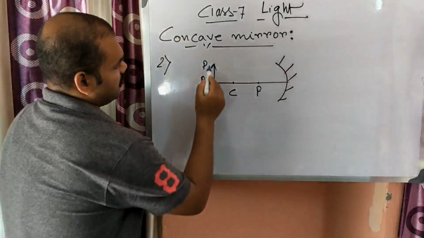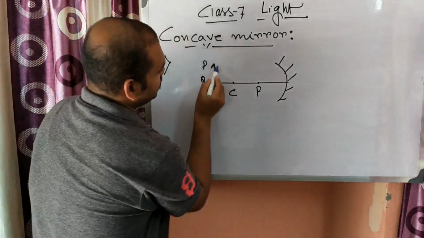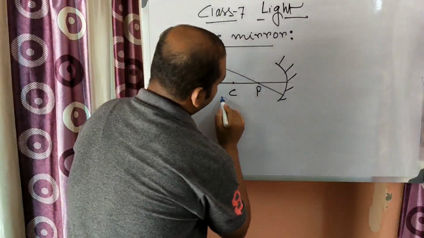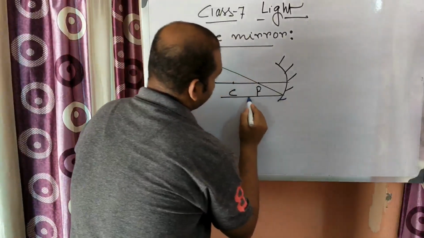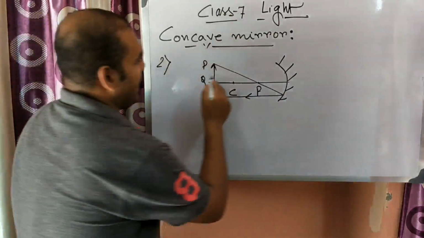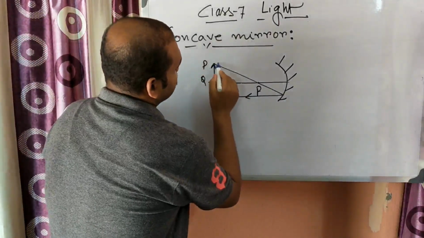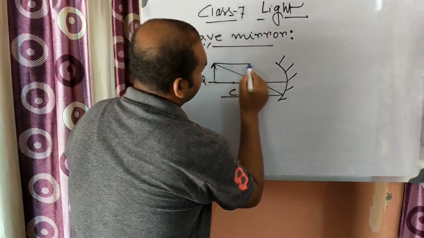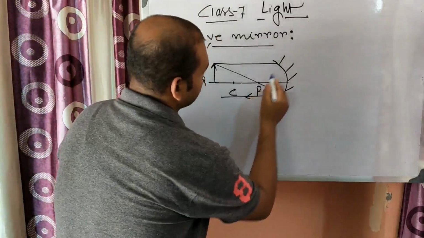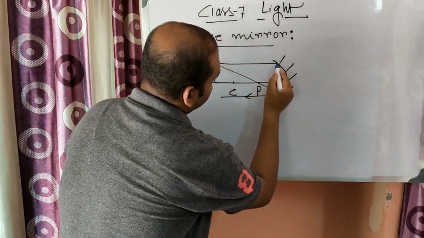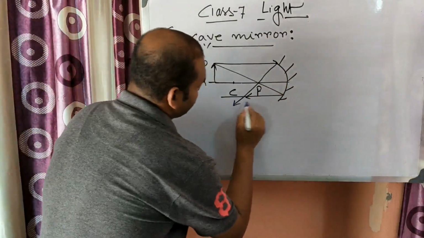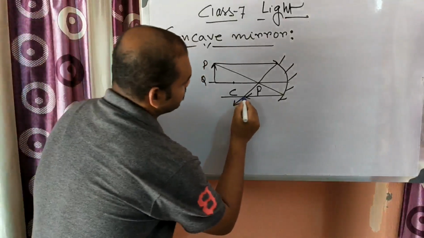Now suppose a light ray which is coming from this point P towards F, after reflection will go parallel to the principal axis. Okay, and another ray which is coming from this point parallel to the principal axis, after reflection will go through the focus.